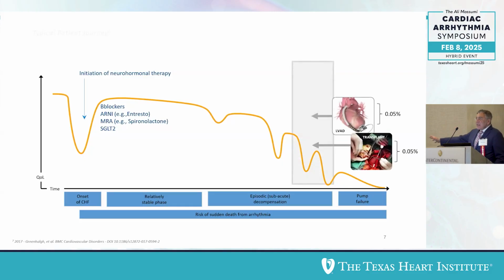Now we get to the end of the curve, where we're going to go to LVAD or heart transplant. How many patients can reach that? Only 0.05%, most don't reach that. So we have this huge population of heart failure.